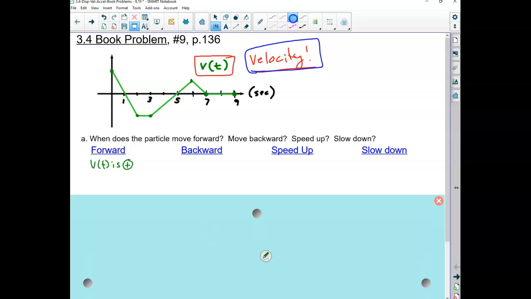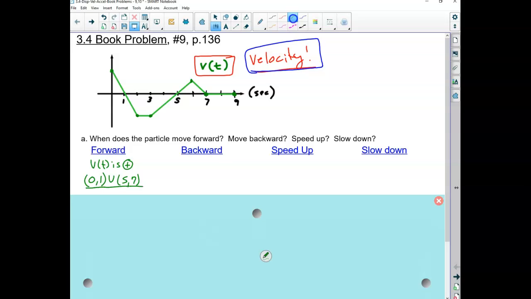So when is v of t positive? The intervals in which it's positive are from 0 to 1. It's also positive from 5 to 7. And those are the only two intervals in which I'm positive. So the particle is moving forward on those two intervals right there.